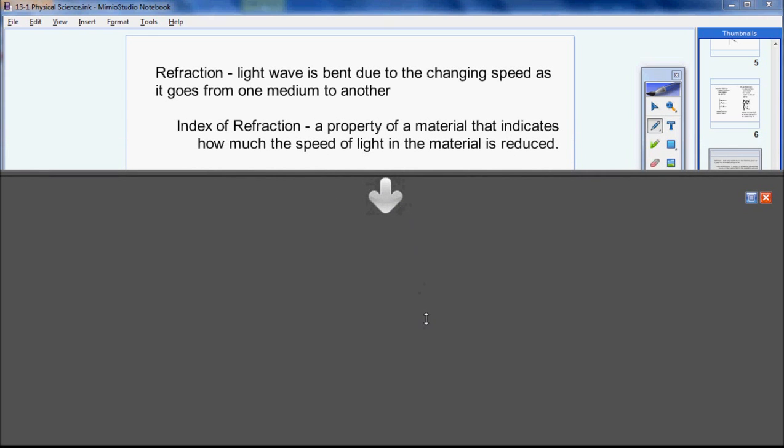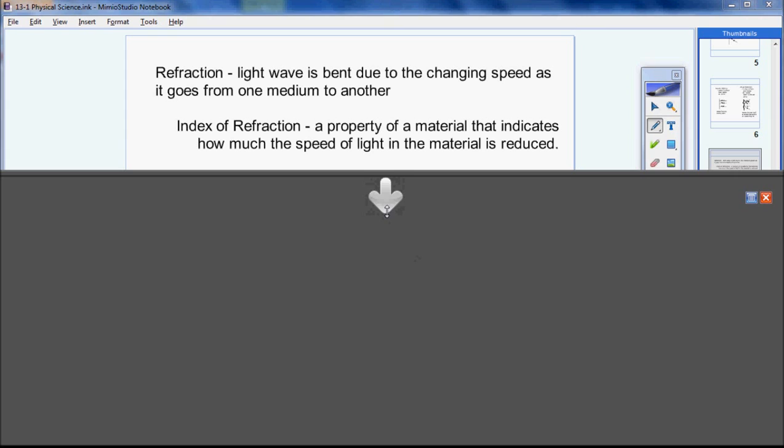The index of refraction is a number that represents how much of a bend that light wave has. It's a property of the material that shows how much the speed of light in the material is brought down. It's a number. Now when you come to school tomorrow, we will try to do a couple of things to illustrate this refraction property.